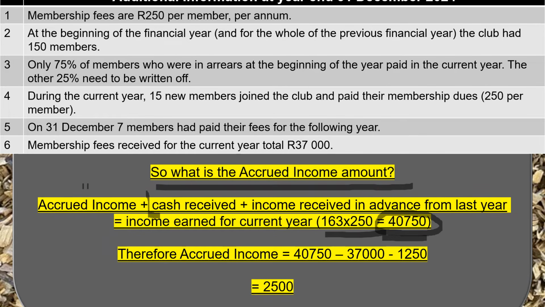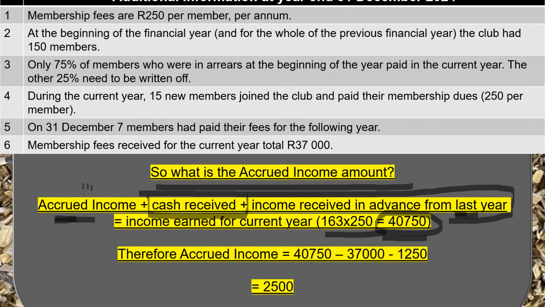We can add the cash received for the current year, and then, this is important, the income received in advance from last year, because we are actually only earning it this year, in the current year. So if we add the accrued income plus, we don't know accrued income yet, but I'm giving you an equation to solve for accrued income.